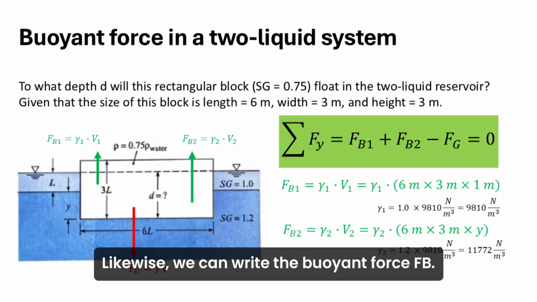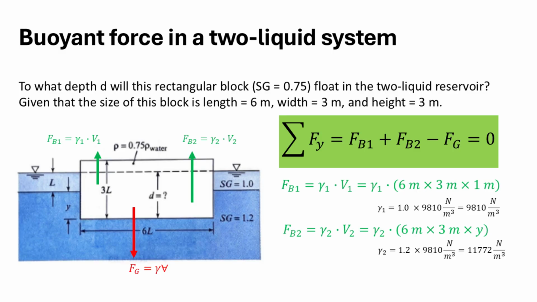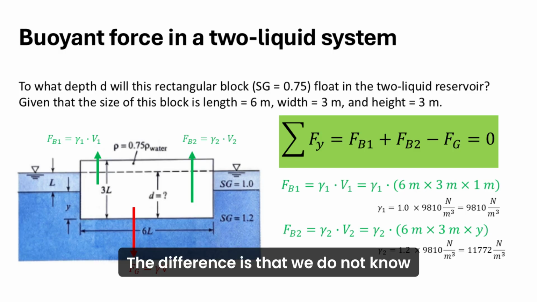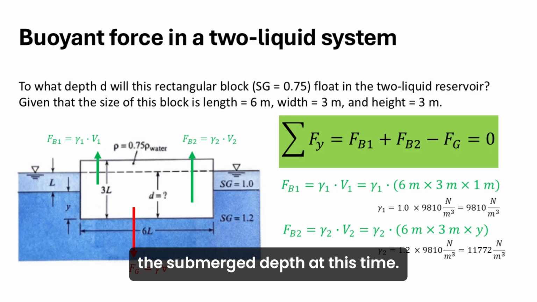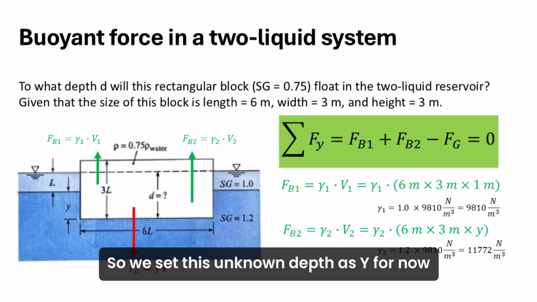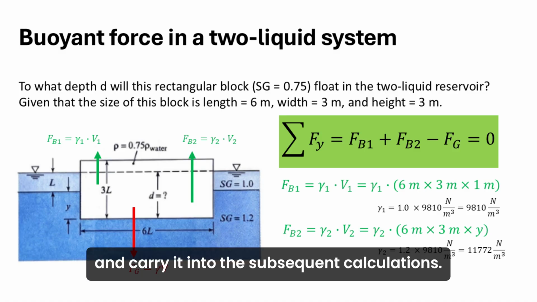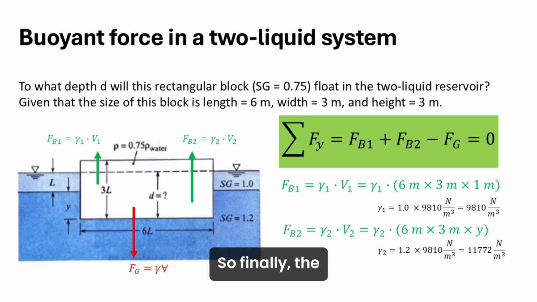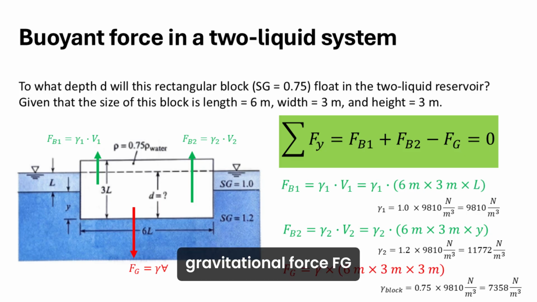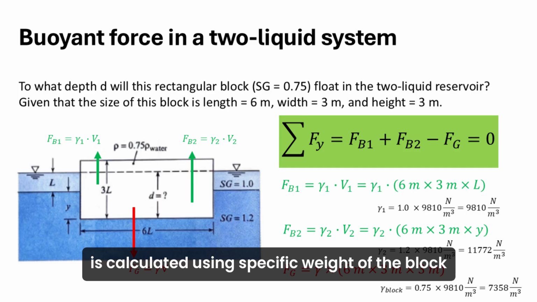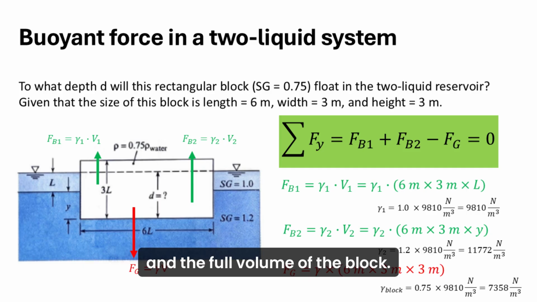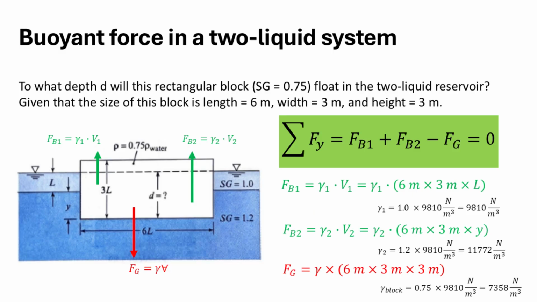Likewise, we can write the buoyant force Fb2. The difference is that we do not know the submerged depth at this time. So we set this unknown depth as y for now and carry it into the subsequent calculations. Finally, the gravitational force Fg is calculated using the specific weight of the block and the full volume of the block.